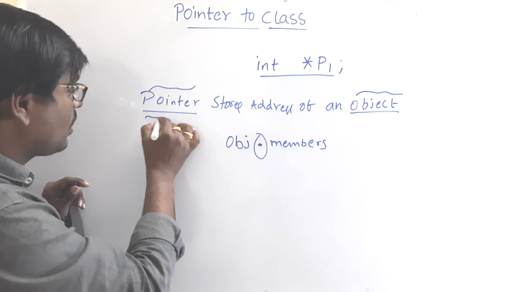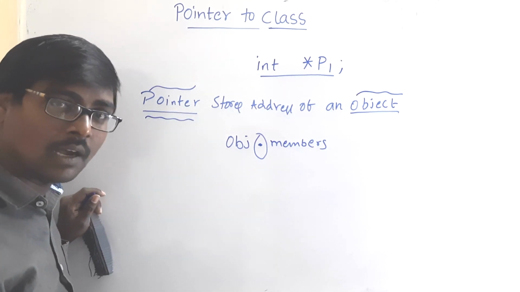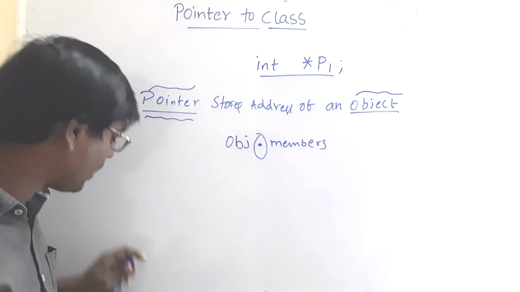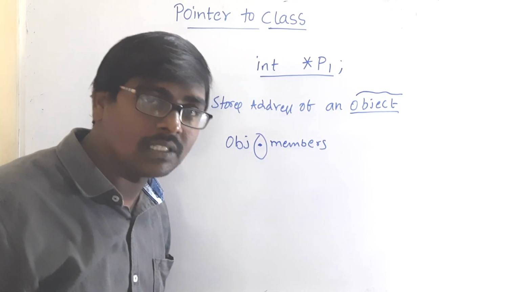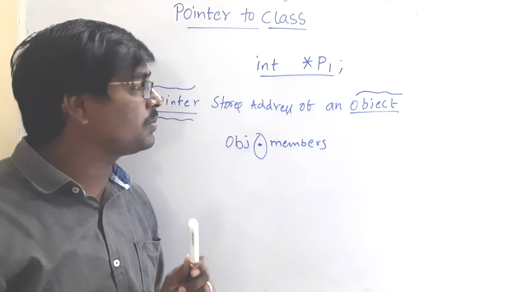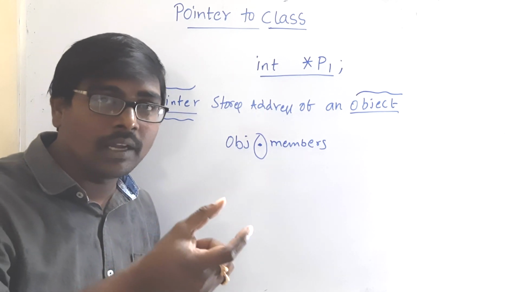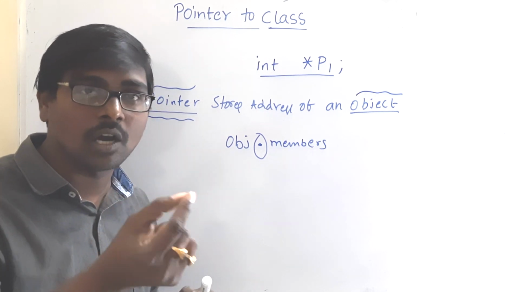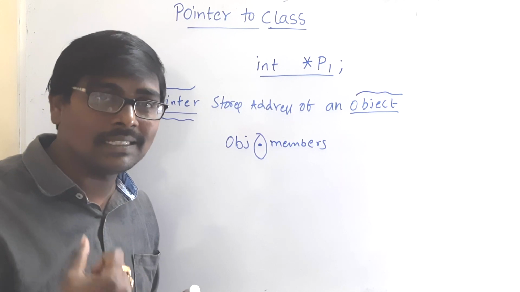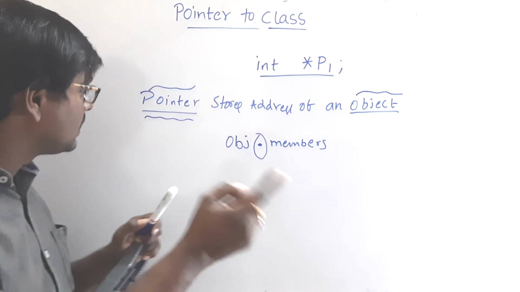Next, how else can we access the members of a class? By using a pointer. In the previous session I explained one example. Instead of a normal variable, if you use a pointer before that variable, that is *p, we can access the particular variable.